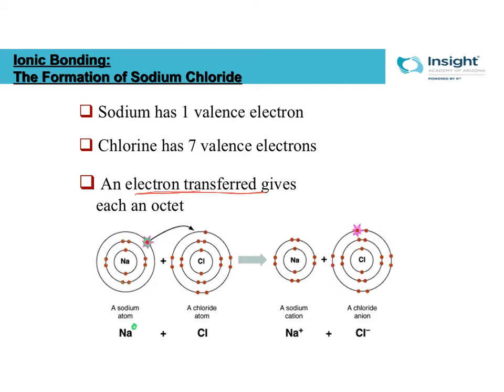So that's why sodium likes to give away an electron and become Na+. Chlorine, on the other hand, you can see has 1, 2, 3, 4, 5, 6, 7 valence electrons, so it's perfectly happy to take that electron from sodium, fill its shell, and become Cl-.